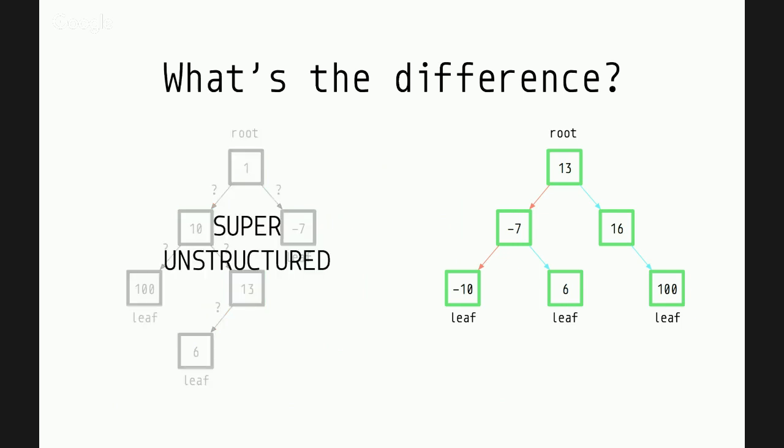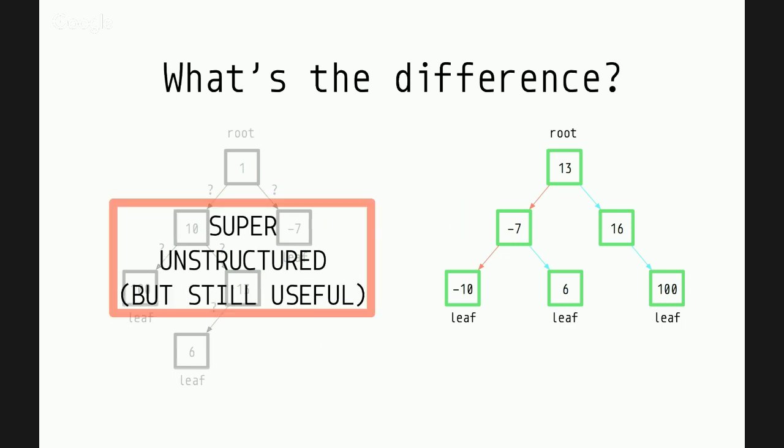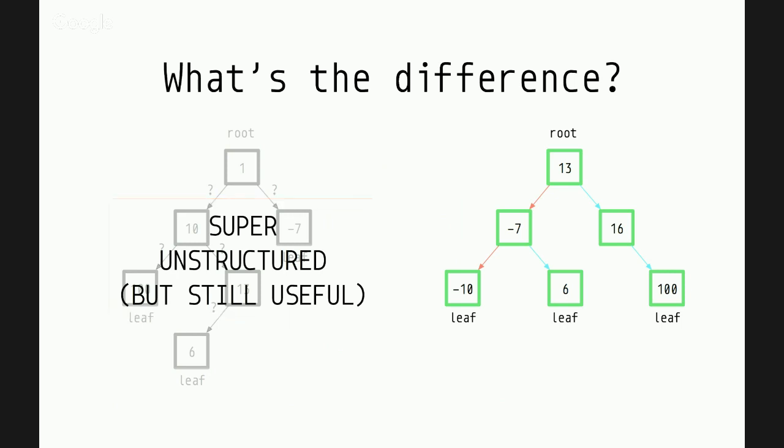So it's an unstructured thing, but they are still useful because we can build a lot of other data structures using this, namely heaps, and there are several generalizations of heaps in general, and we'll talk about those at a different time.